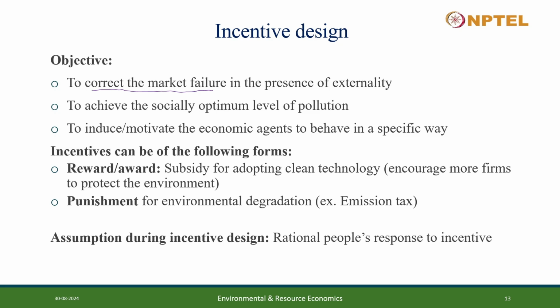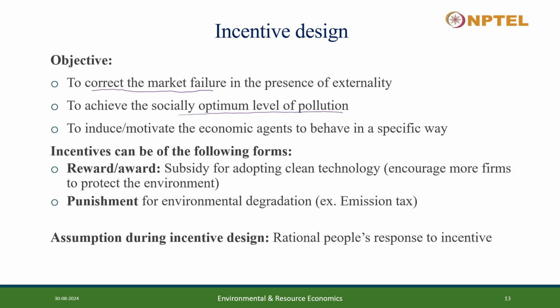Since the market fails because of improper price signaling or because of externality, the incentives are designed in such a way as to internalize the externality, to correct the market failure, and to achieve the socially optimum level of pollution.